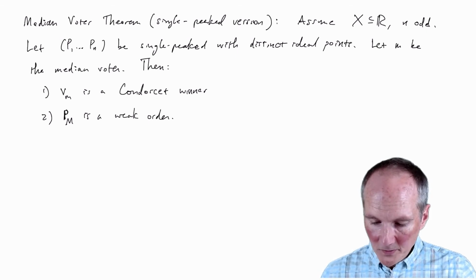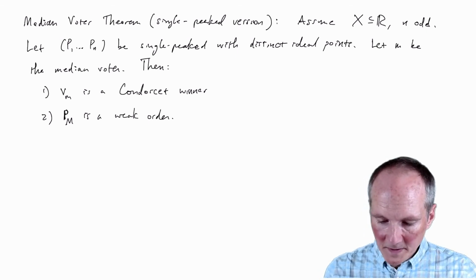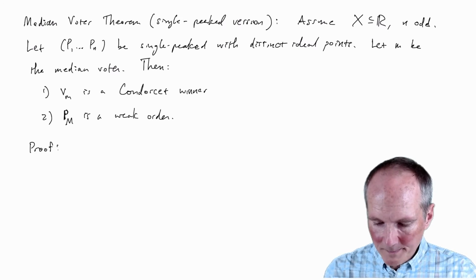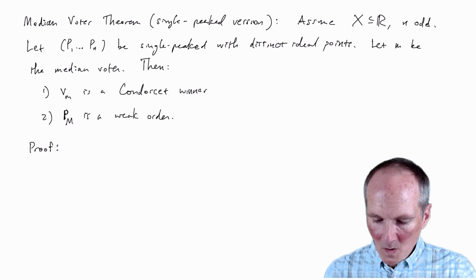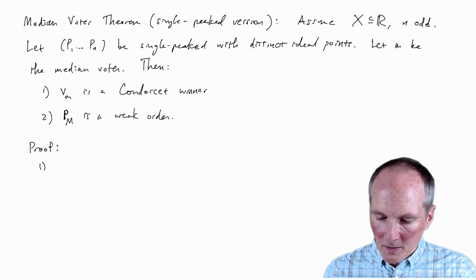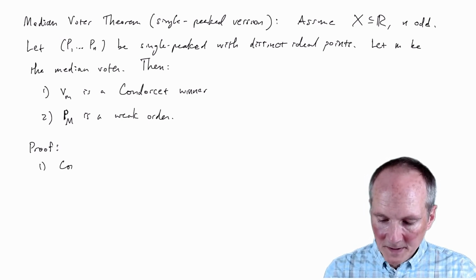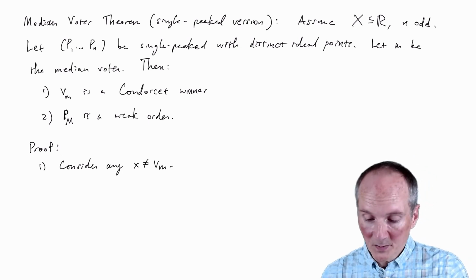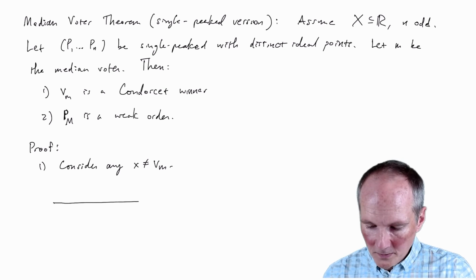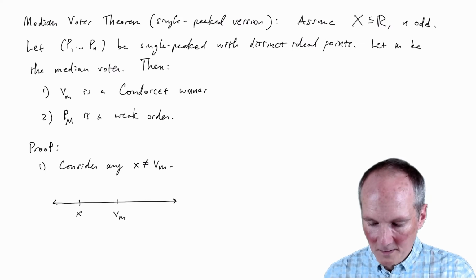All right, so what we can do to prove this, I don't want to be super pedantic about it, but for part one, what we would do is we would consider any alternative that's distinct from the median voter's ideal point. Okay, so for example, if the median voter is here, we can consider X to the left.